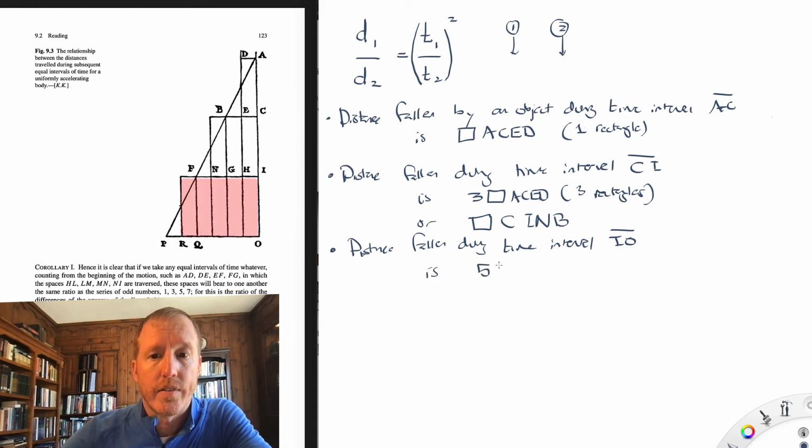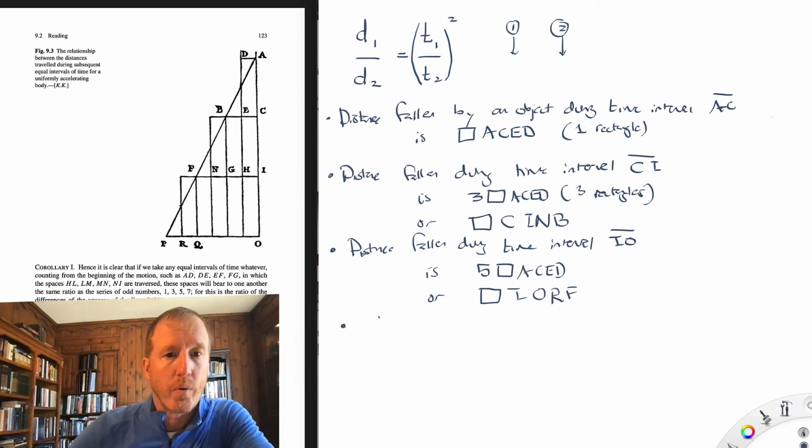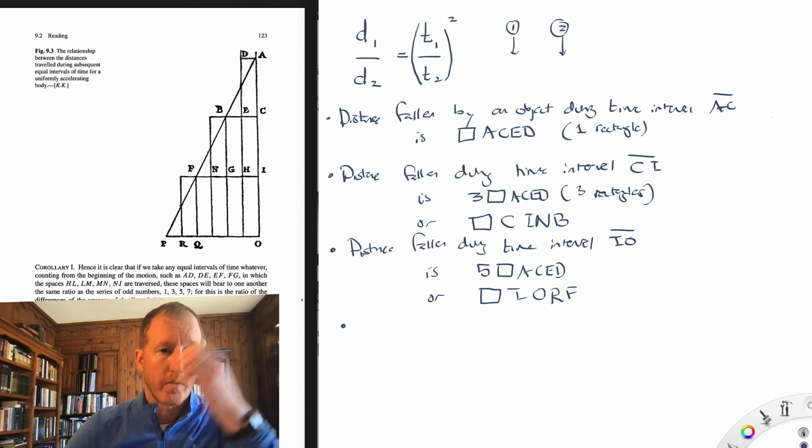So 5 times the rectangle ACED, or just the big rectangle IORF. And likewise, you could continue for the next time interval and so on.